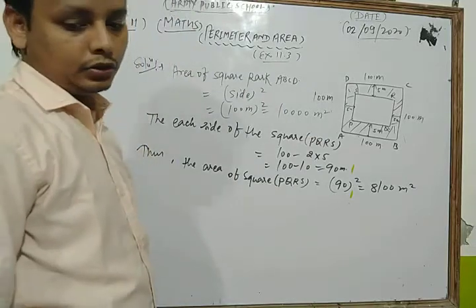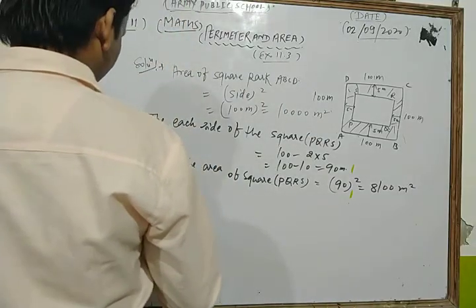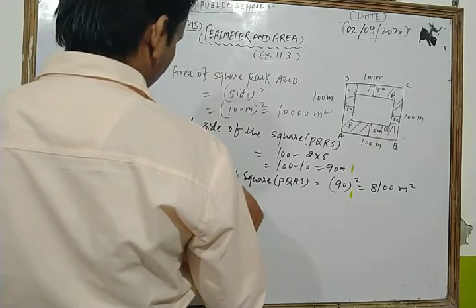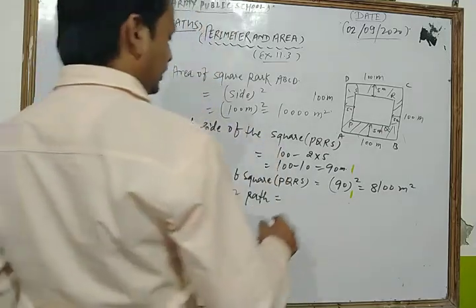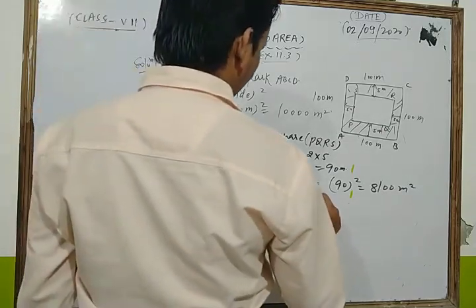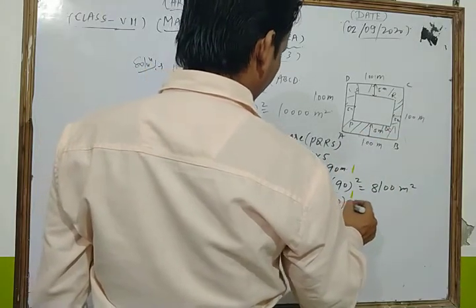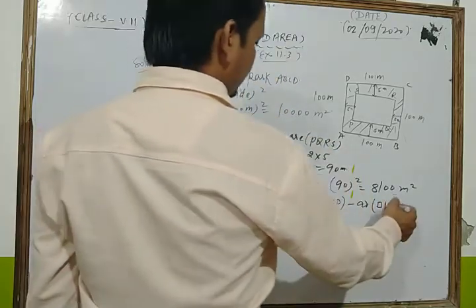Okay, 8100 meter square. Now what do I do? Thus the area of the path is equal to the area of square ABCD minus the area of square PQRS.